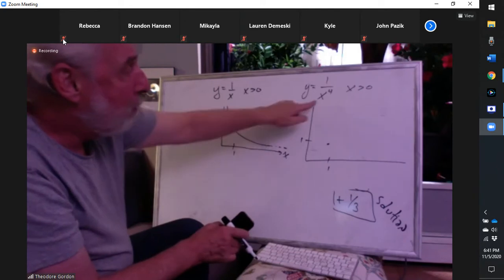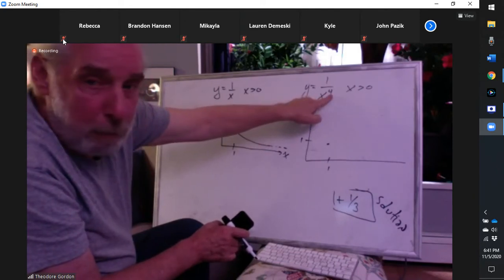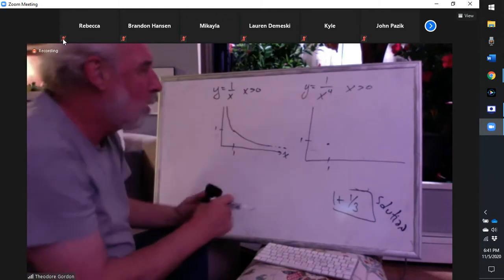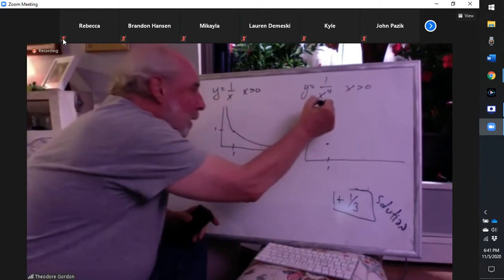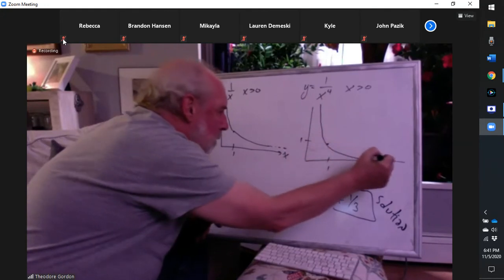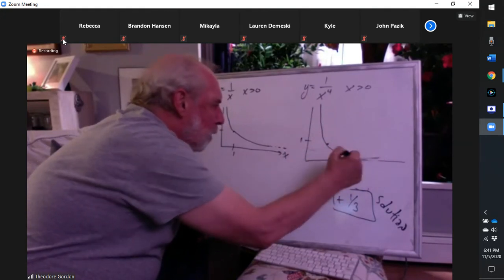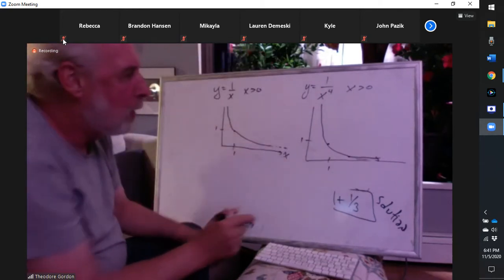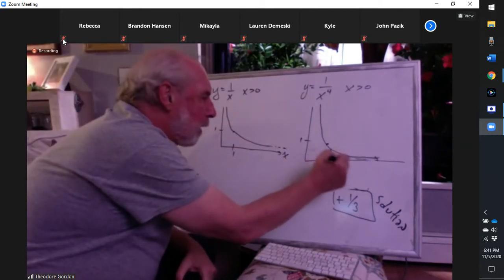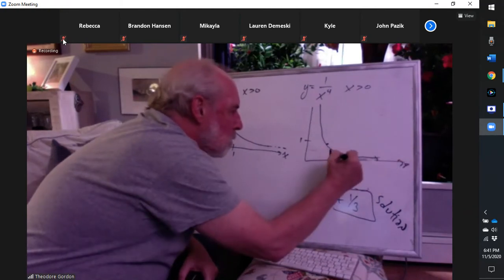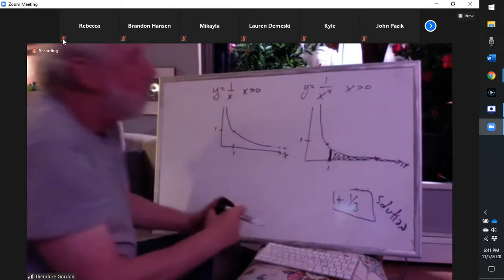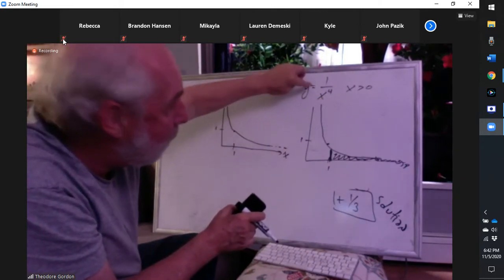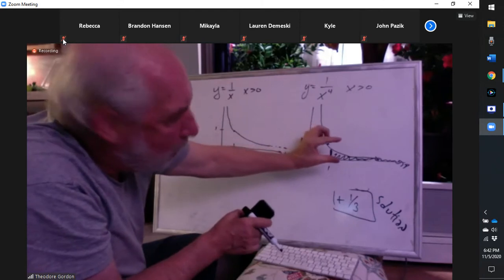Well, when x is a big number, this makes it bigger faster. And when x is a little number, it makes it smaller. So what it does is it makes that graph even sharper and steeper. So what we've just determined is, even though this function never touches the x-axis because this can never equal 0, it just keeps getting closer and closer.